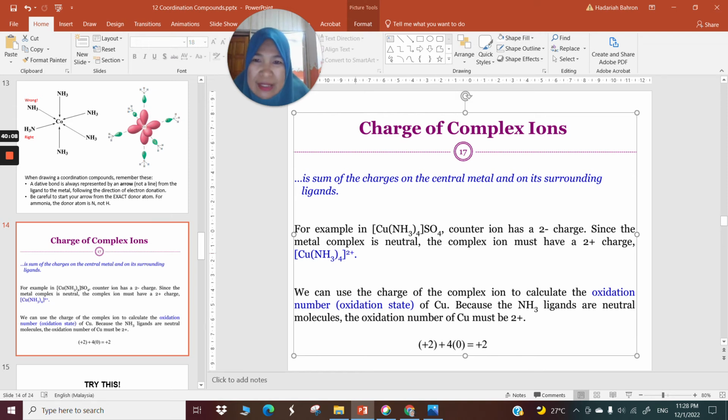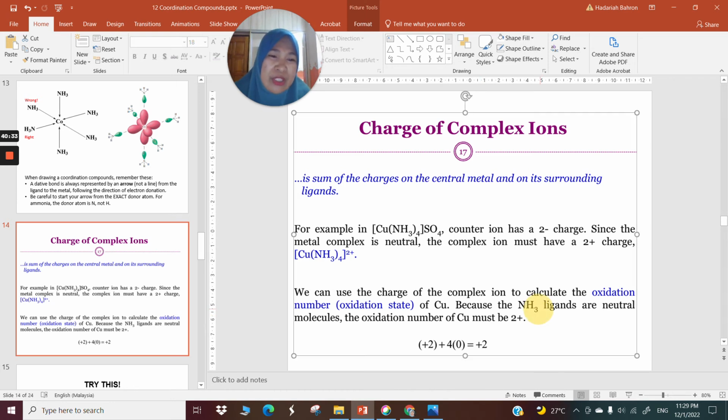you can determine the oxidation state of your copper by looking at that ligand. Ammonia again has a 0 charge. So the oxidation number of your copper there is 2 plus. Yeah, we can use the charge of the complex ion to calculate the oxidation number or oxidation state of copper.